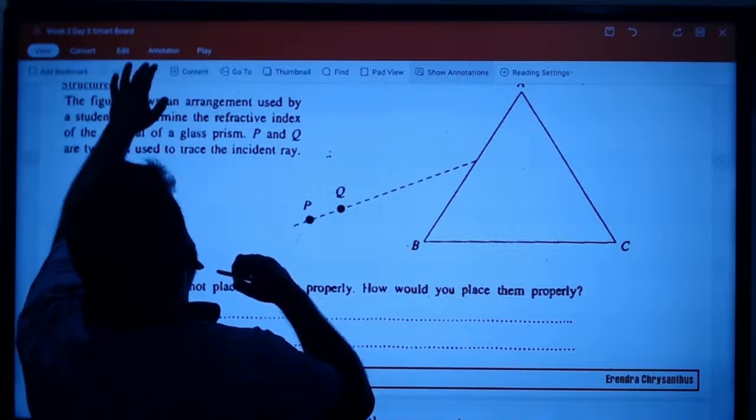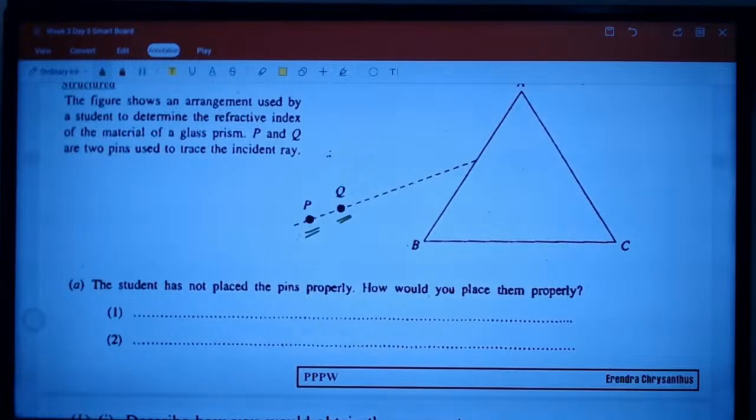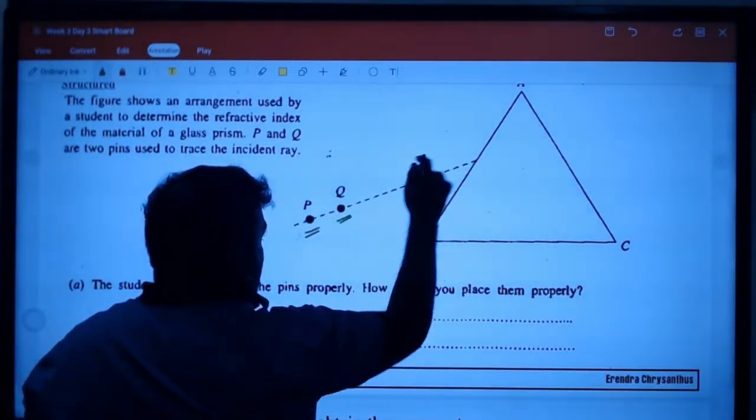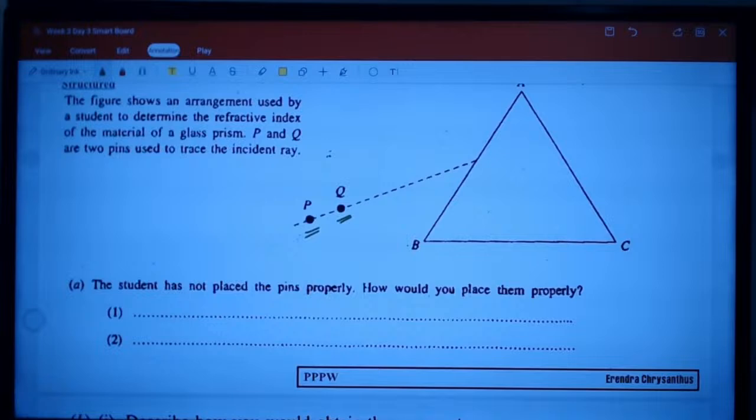Now look at this carefully. P and Q, you can see they are very close to each other. Because they are very close to each other, this is not so suitable. P and Q should be far away from each other.